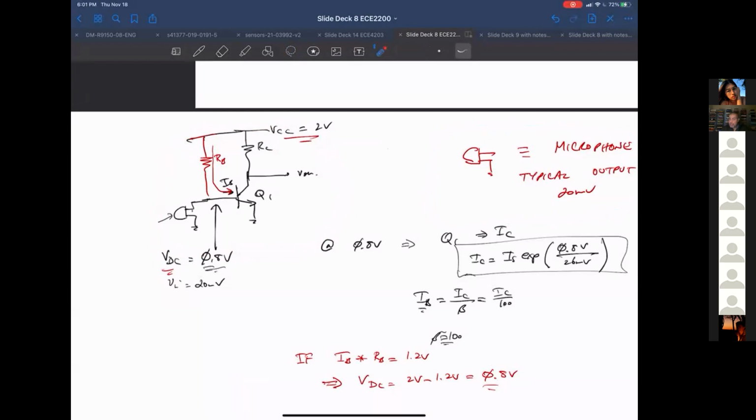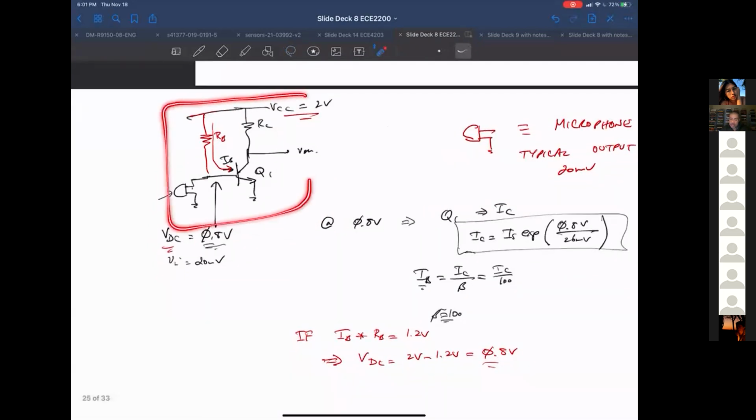All right, so this is the thinking here. If I could get this transistor to the right bias point, it would have a certain base current, and I can use that base current, flowing through a resistor, to get a certain voltage drop.